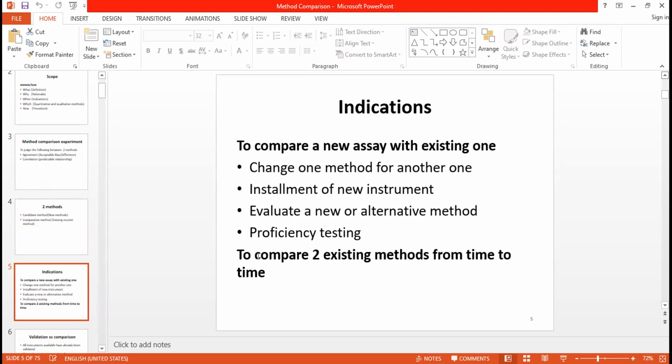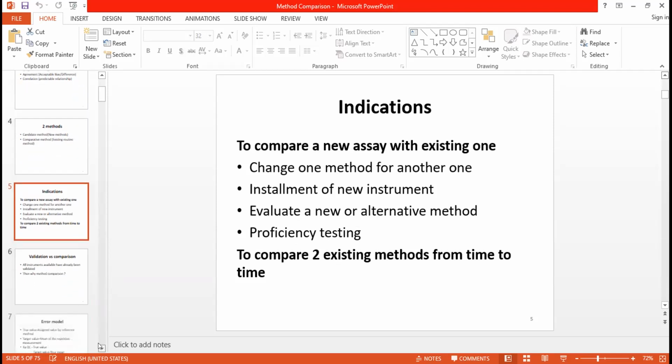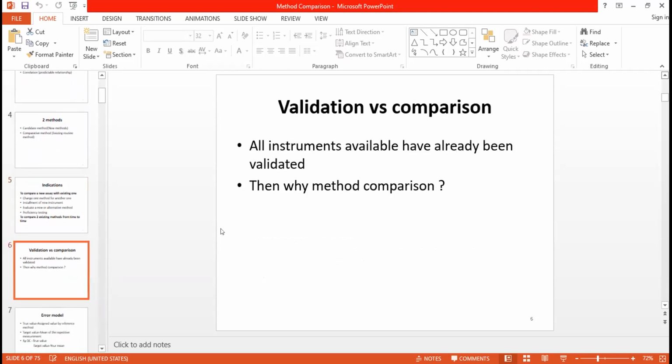You have obtained your value from one method or one analyzer, and you expect your MLT to reproduce the same thing on a different analyzer or a different method. And now you understand why I included proficiency testing also here. Sometimes you will be comparing two existing methods in your lab from time to time.